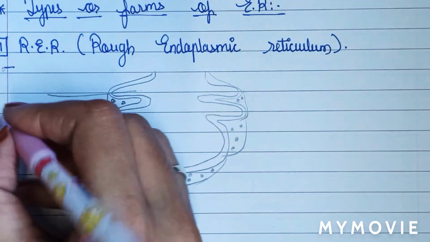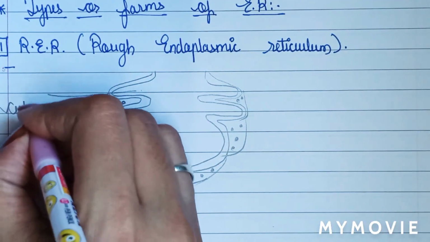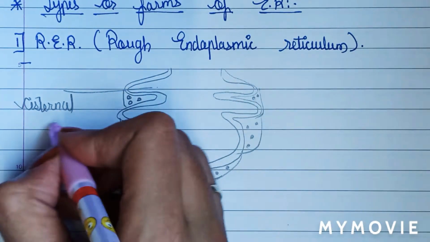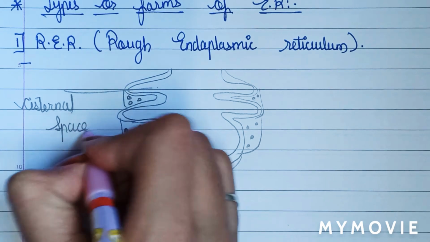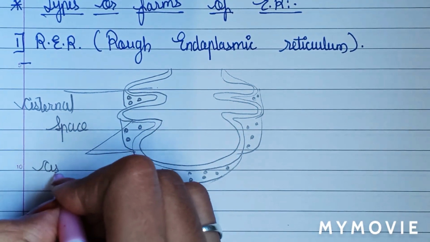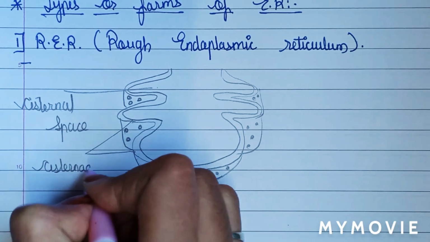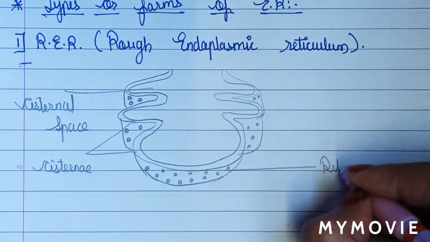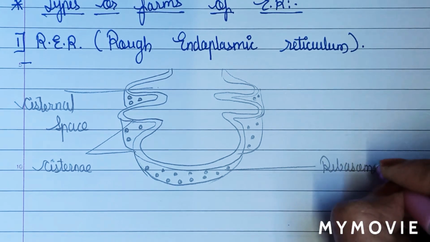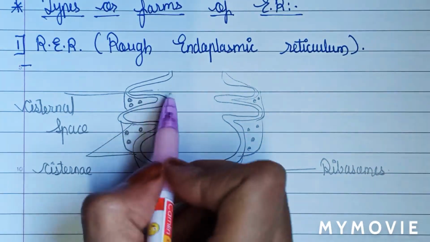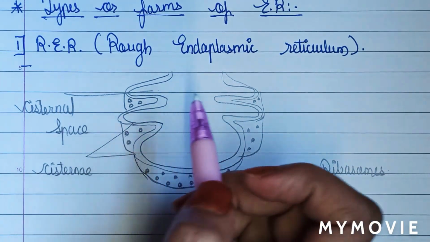We will write here cisternal space. Here the folds are known as cisternae, and here the ribosomes are present. Rough endoplasmic reticulum is made up of cisternae.